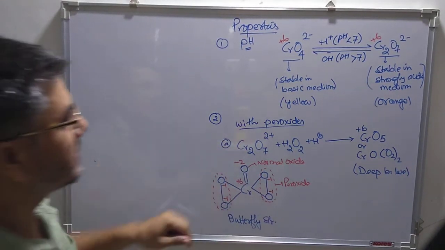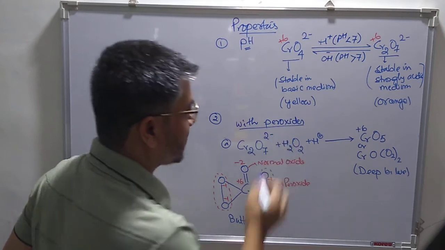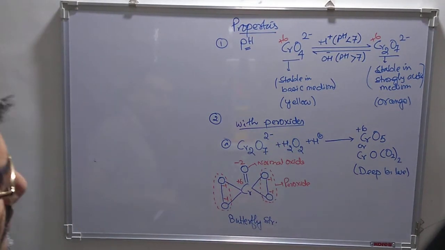So this is what happens when dichromate reacts with hydrogen peroxide in acidic medium.